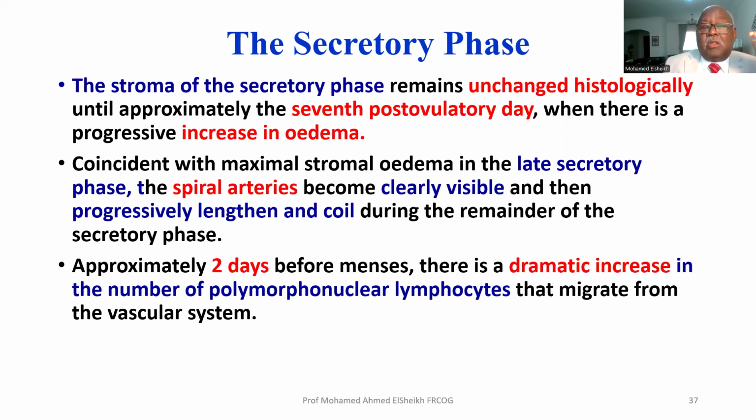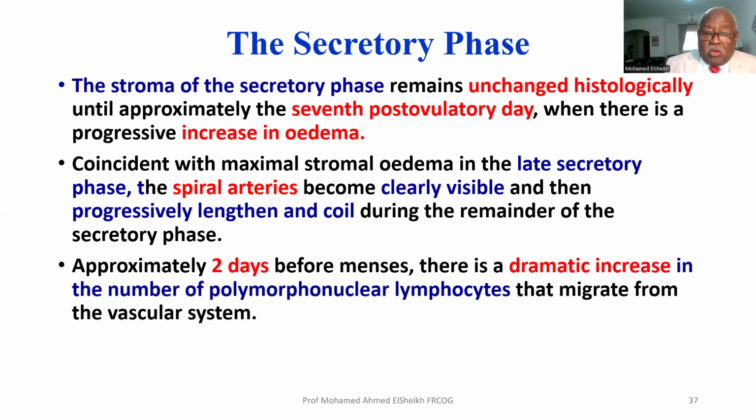After that, there is an increase in edema. Coincident with this maximal stromal edema in the late secretory phase, the spiral arteries change. As we have said, initially they are infrequently seen. Here, the spiral arteries become clearly visible, and then they progressively lengthen and coil during the remainder of the secretory phase.